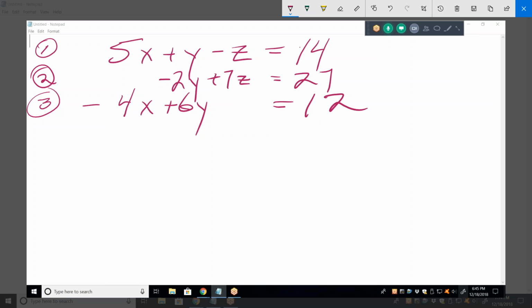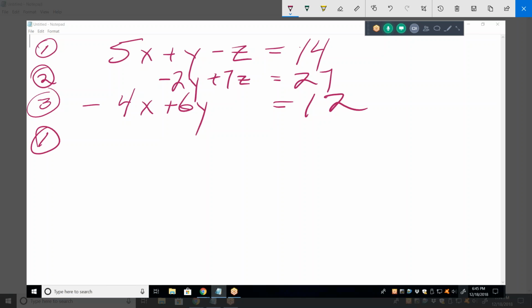So let's pick a variable to eliminate. What's a good one that's already missing from equation 3? Okay, so let's figure out how to eliminate z.